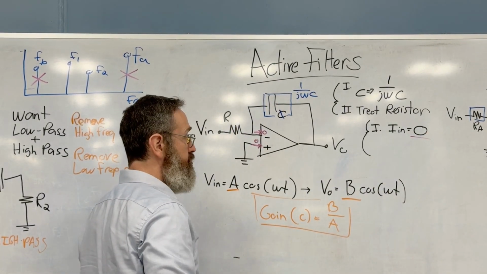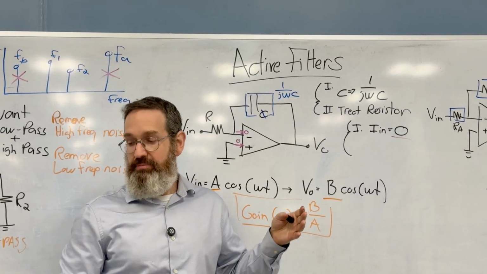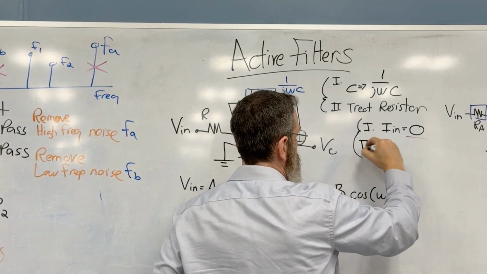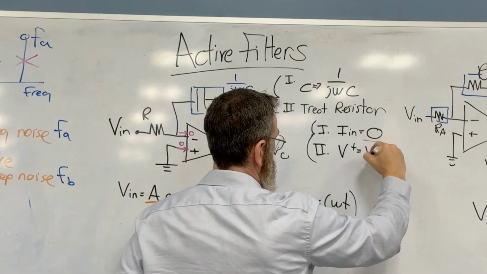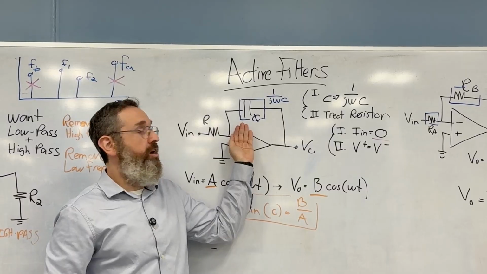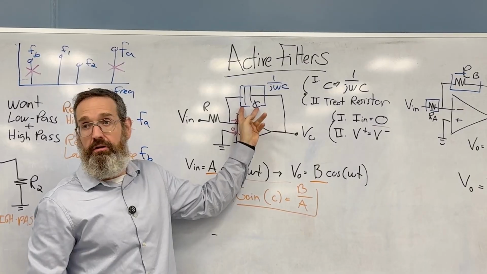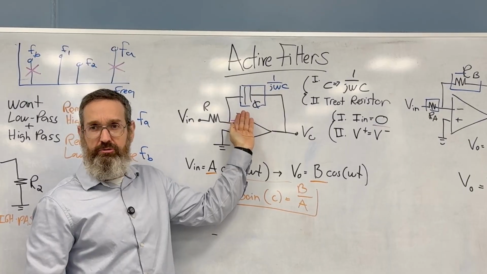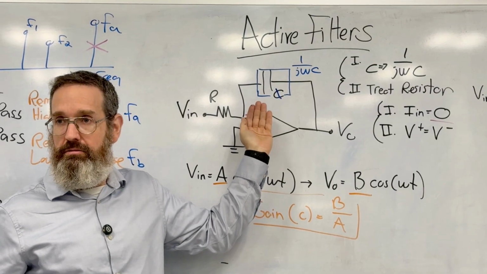And then rule number 2 of op-amps: when you have negative feedback, and they always have negative feedback unless it's the comparator, okay, unless it's the comparator, V plus is equal to V minus. Once you apply these rules, you can ignore the op-amp. So the capacitor is now a resistor, and the op-amp is now gone. We just have a resistor and a capacitor in series. That's all.